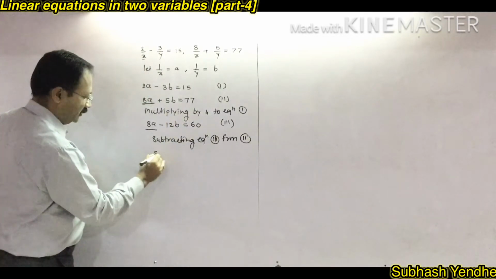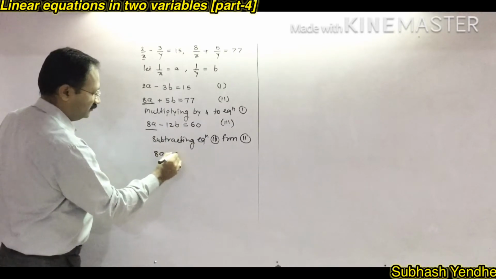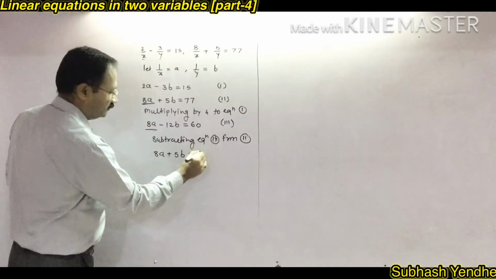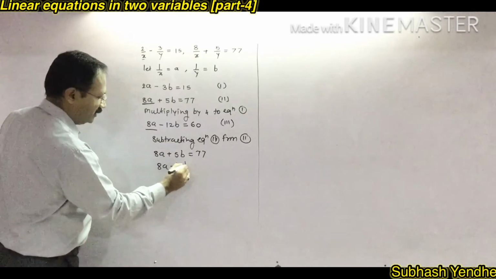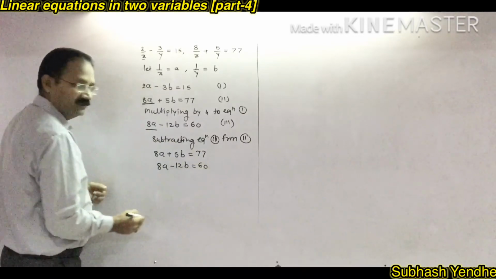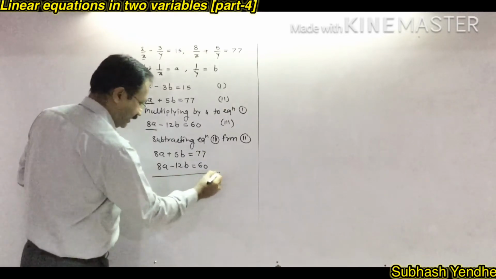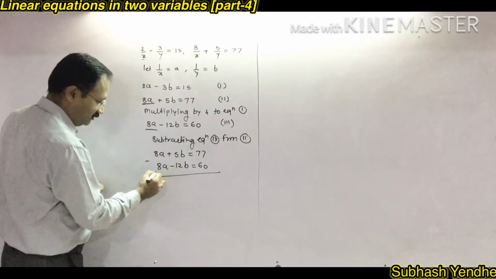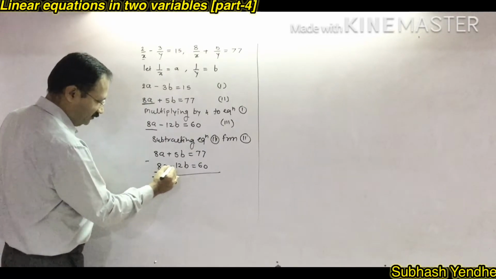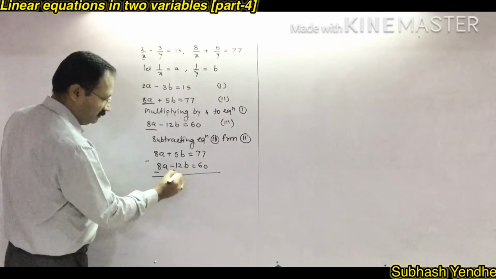So here 8a plus 5b equals 77, and 8a minus 12b equals 60. While subtracting, we know that we have to change the signs: plus will be minus, and minus will be plus.